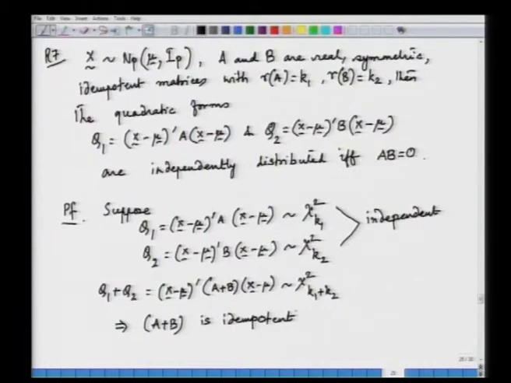Now, we use this idempotency of A plus B to establish what we have to show, that AB is a null matrix.